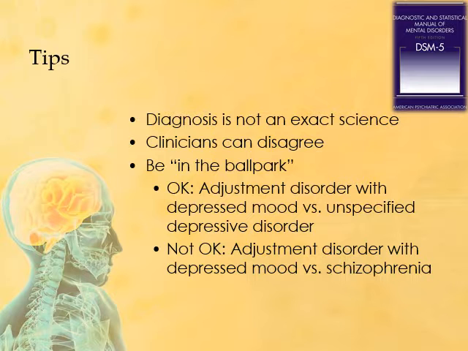But if you come up with a diagnosis that is very different than the clinical picture, and other students have quite a different picture of that diagnosis, then you're probably outside of the realm of possibility, and it's probably incorrect. But there is a lot of room for latitude there and leeway based on whether you are in the ballpark or not. So I don't want you to get too uptight about getting the exact precise diagnosis, as long as you're thinking along the right lines and you've identified the correct symptoms.